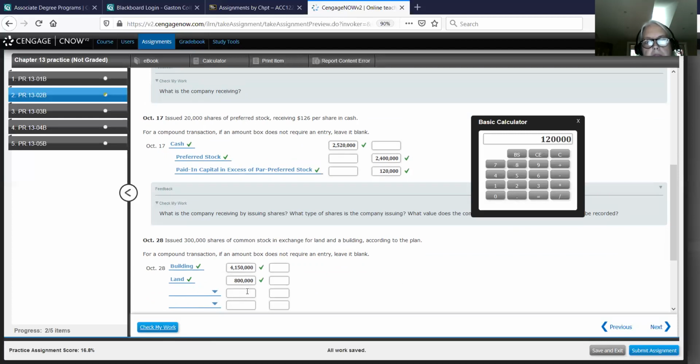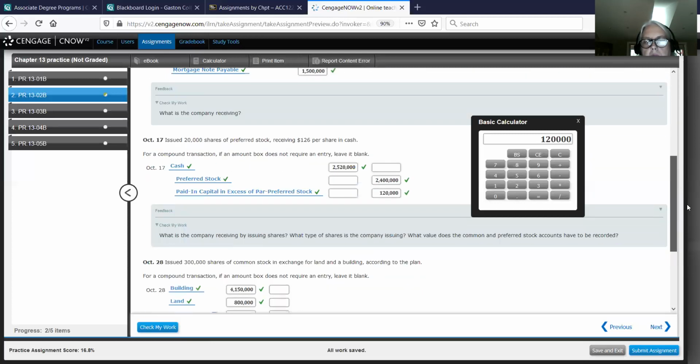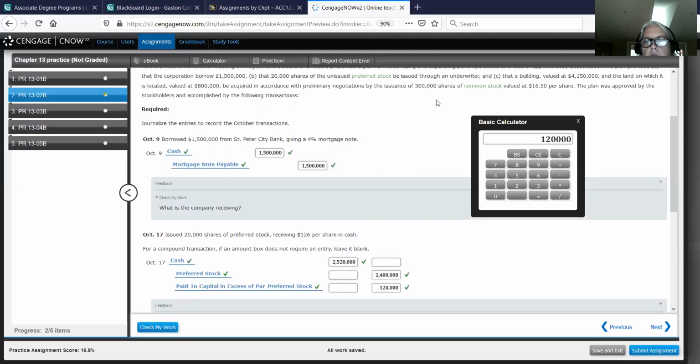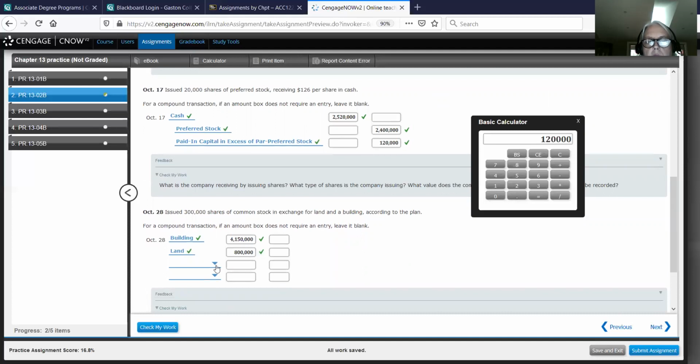Now, instead of paying cash or borrowing money to buy this building and land, what we did was we gave whoever we bought the building from stock. And the stock was 300,000 shares, and it was common stock that we gave. And so we're going to have to credit the common stock account for 300,000 times the par value.